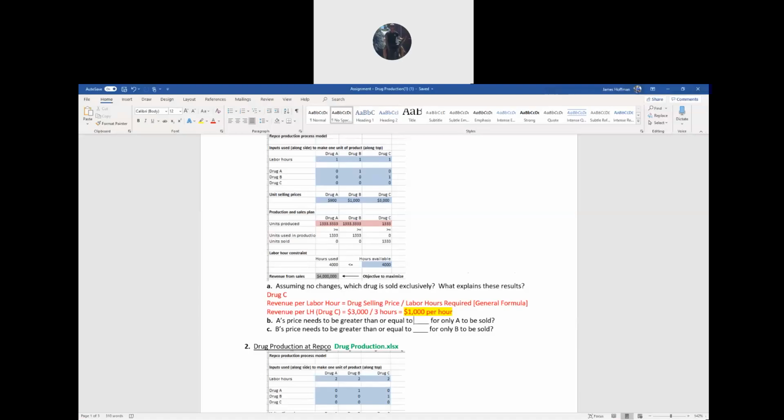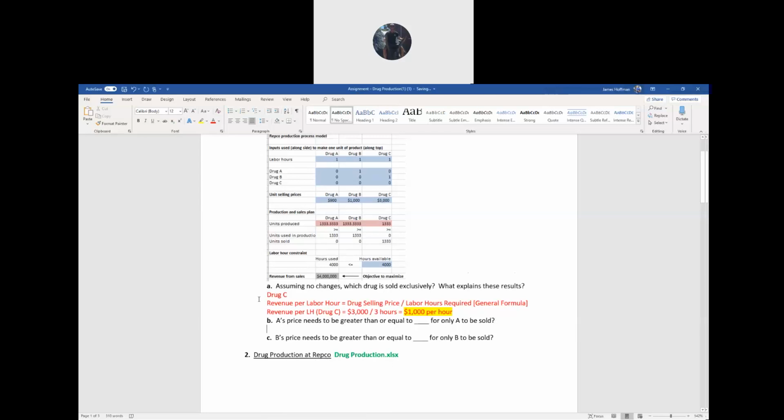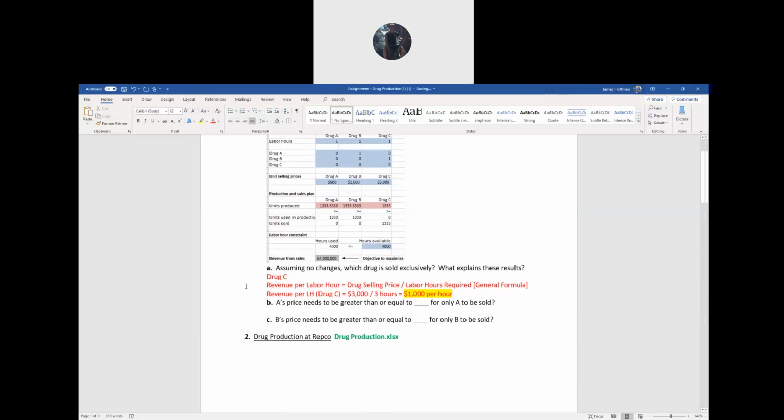Okay, so B: drug A's price needs to be greater than or equal to what for only A to be sold? For drug A to be at least comparable, it has to come out to $1,000 per labor hour. Let's first calculate the current revenue per labor hour for drug A and see that it's not comparable.